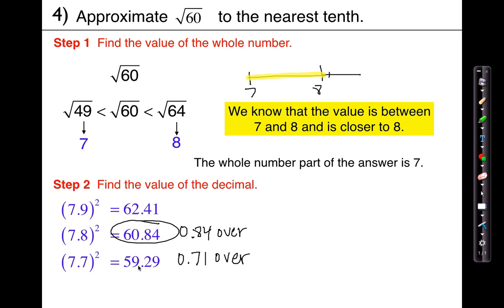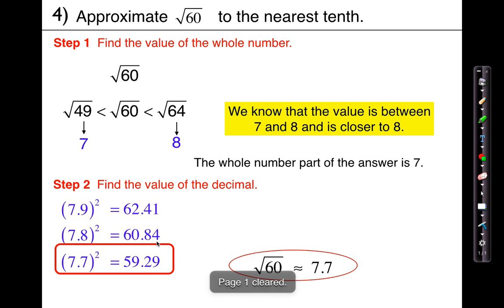So I'm going to say the square root of 60 is approximately 7.7. So please don't try a number and just stop there. You always want to get very close to the number and then either go over or under compared to the number. So please make sure you double check before you claim one to be an answer.